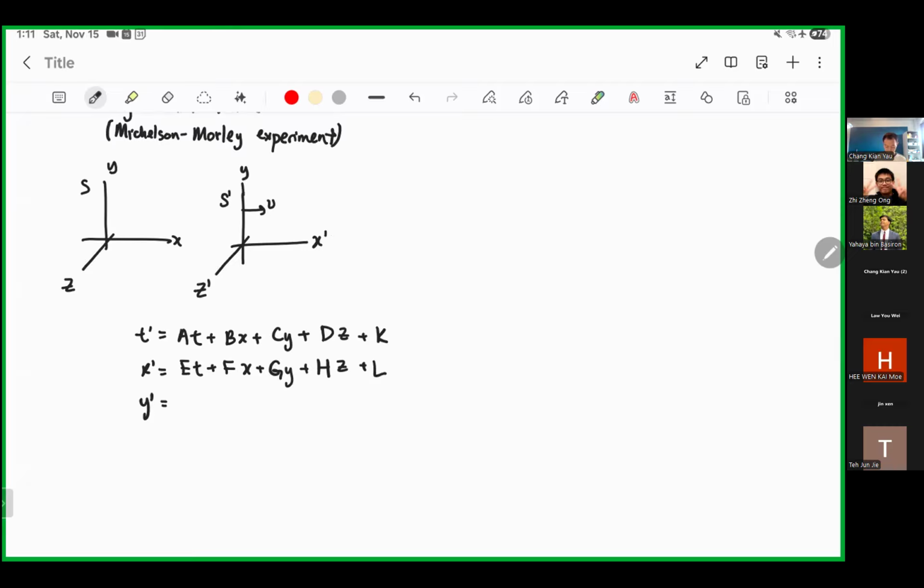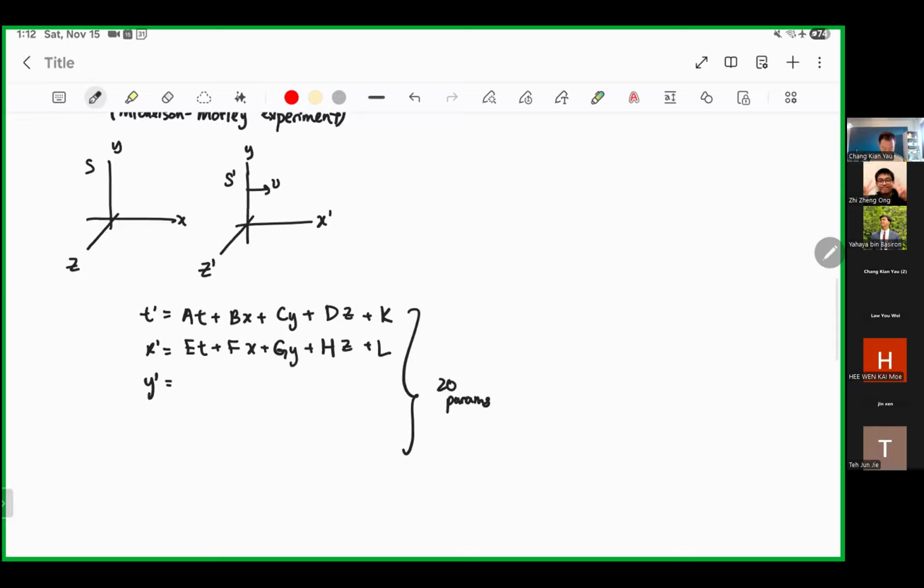You get the gist of it: because we assume it's linear, t' will have a linear relationship to t, x, y, z, and maybe a constant at the back. So if we write down the full transformation set, we would technically have 20 parameters to solve, which let's not do, because it's not fun.